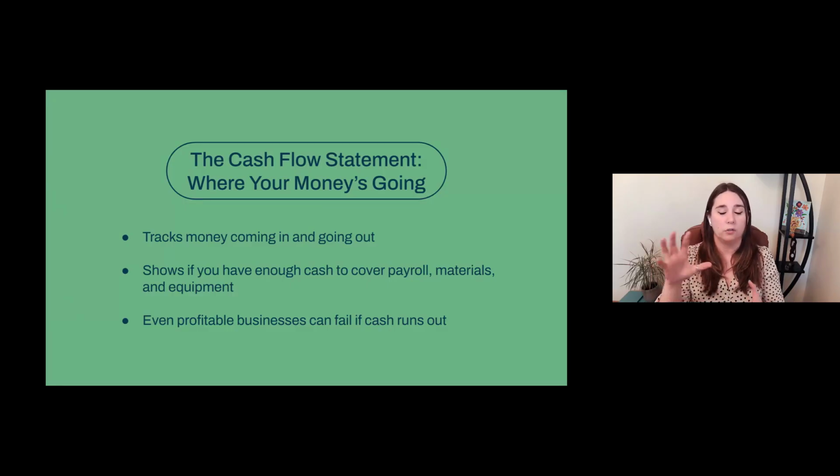Each one is going to review how each section is moving money in and out. It helps to show where your real losses are, where your cash can cover your payroll or your materials and equipment, and if your company is still creating that wealth.